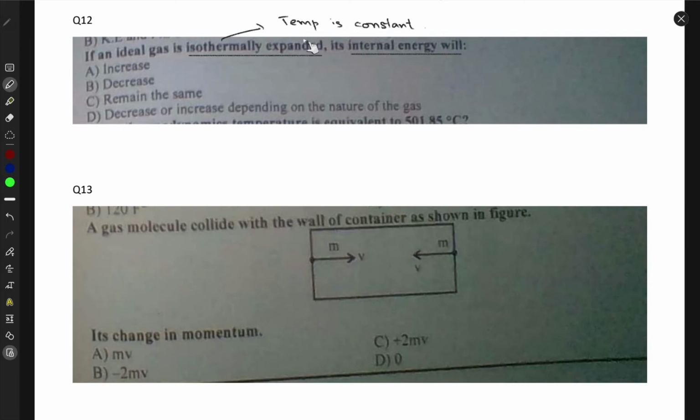So if the temperature is maintained at constant, we know that the internal energy is proportional to temperature. Now, if I am expanding a gas isothermally, which means that the temperature is constant, so that's something that you should know, that isothermal implies constant temperature, then the internal energy must remain constant as well because it's directly proportional to temperature. Hence, the correct option is remains the same, which is option C.